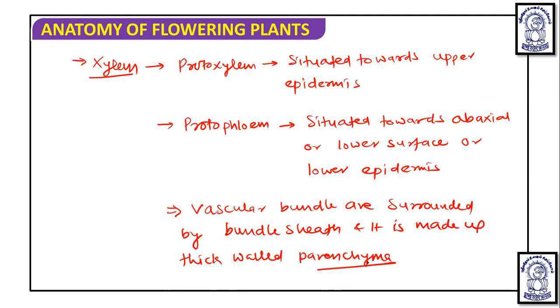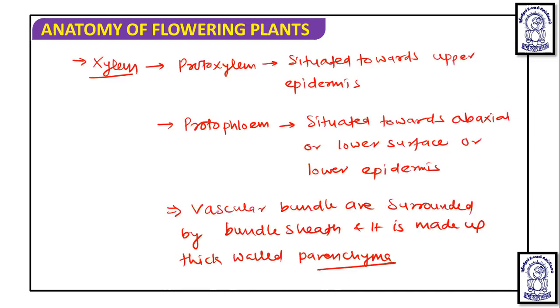Now, apart from this, when we talk about the monocot leaf anatomy, before that, dear students, let's talk about one more important point. In dicot leaf, the leaves are at right angle to the stem. So when they are present at right angle to the stem, the upper surface receives more sunlight as compared to the lower surface.